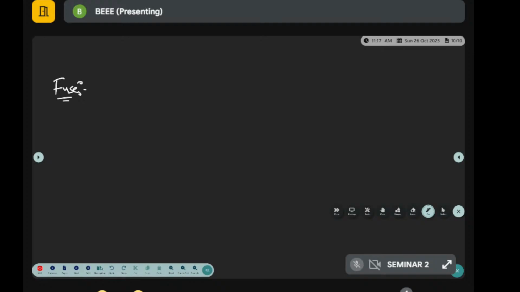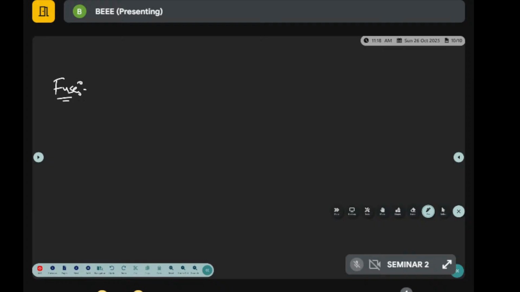Other one is don't use electrical heater. Instead of heater, you buy geyser. Heater costs how much? 200 rupees, but electrical bill 1000 rupees.